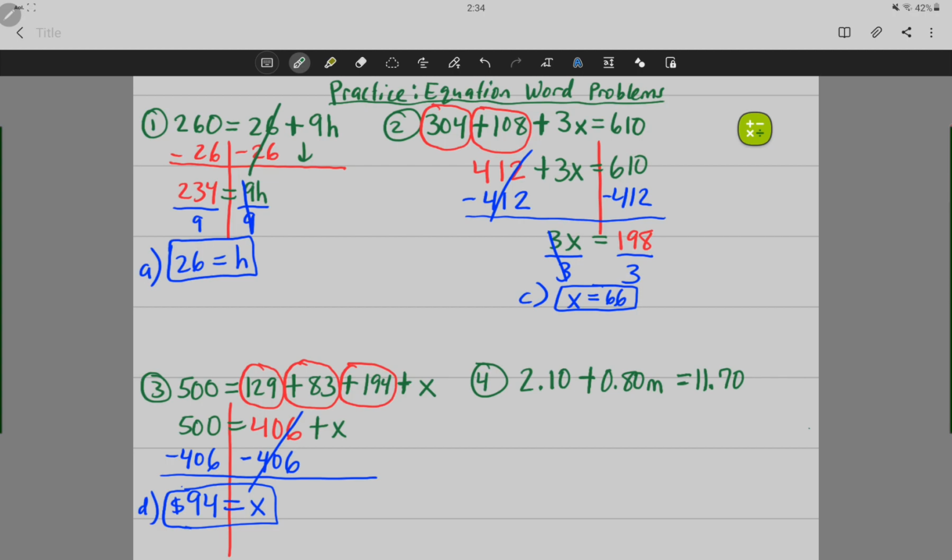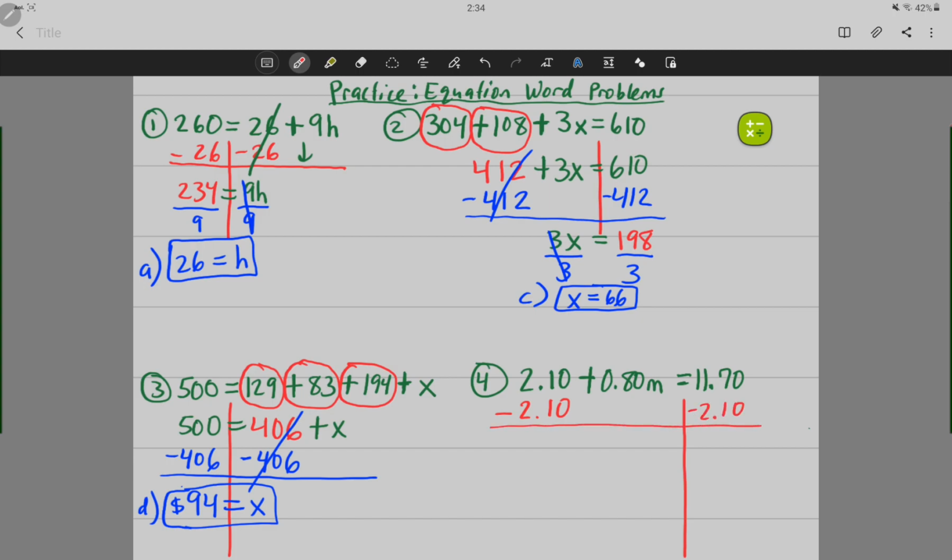Okay, now, same steps, equal sign, draw the line. We want to get M by itself, but there is another term in front of it, which is positive $2.10. So let's perform its inverse operation. Opposite of positive is negative. And whatever we do on one side, we have to write the same exact thing on the other.